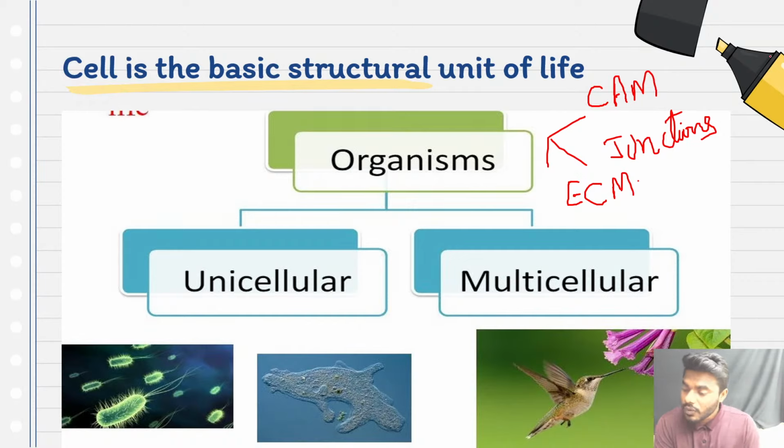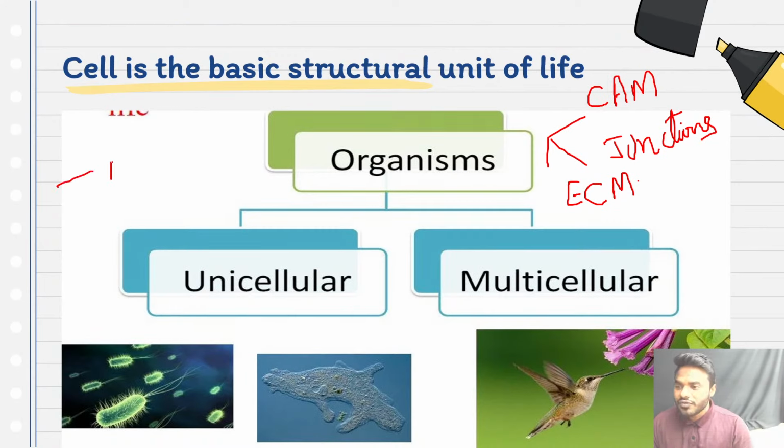Now, do you think cell communication is an important process? Of course, yes. Friends, listen carefully. If the process of cell signaling wants to occur, if cell division wants to occur, if cell differentiation wants to occur, and finally even if cell death wants to occur, it is compulsory that cell communication is very important.